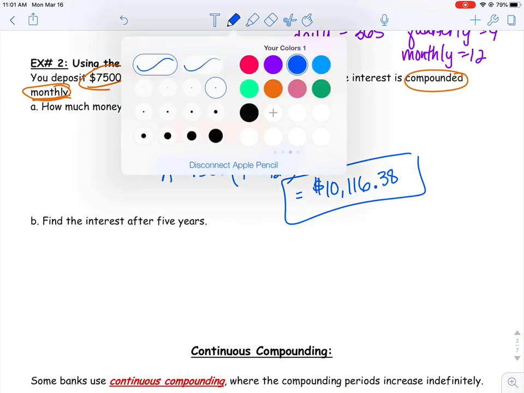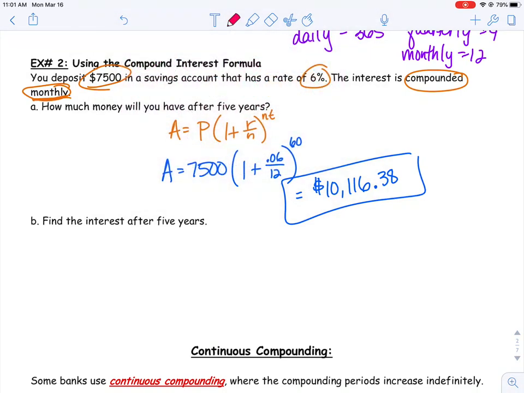So what did we start off with? It looks like we started off by putting in $7,500, right? And so if we put in $7,500 at the beginning and we ended with $10,116.38, how much interest did we earn in those 5 years? Could I find the difference? Could I take the $10,116.38 and subtract the $7,500 from it?